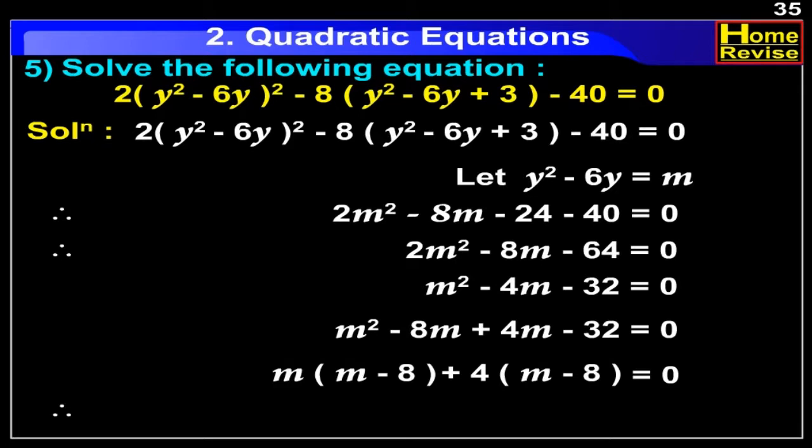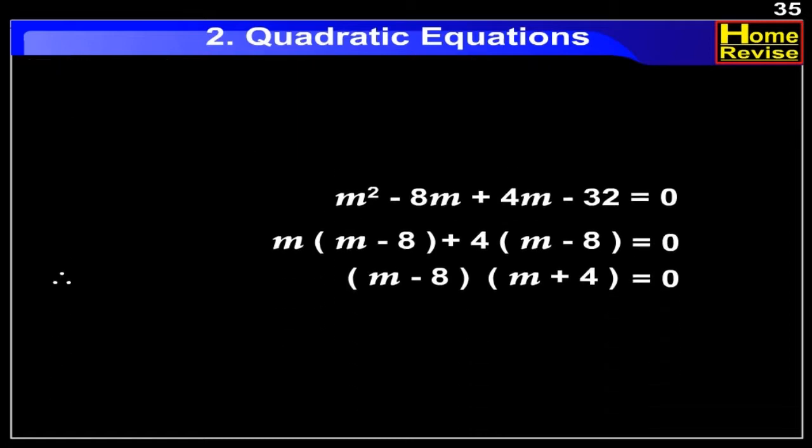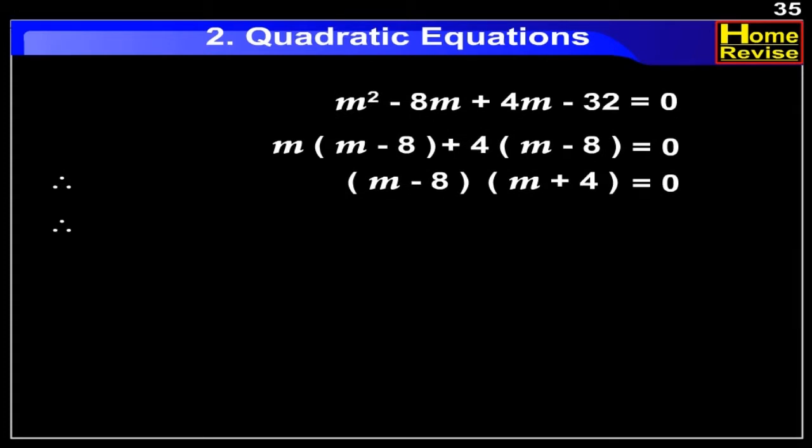Therefore, (m minus 8) into (m plus 4) is equal to 0. Therefore, m minus 8 is equal to 0 or m plus 4 is equal to 0.